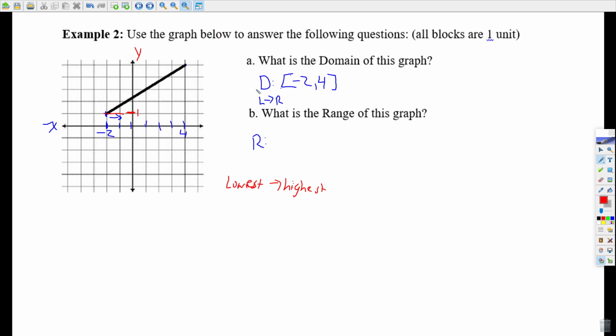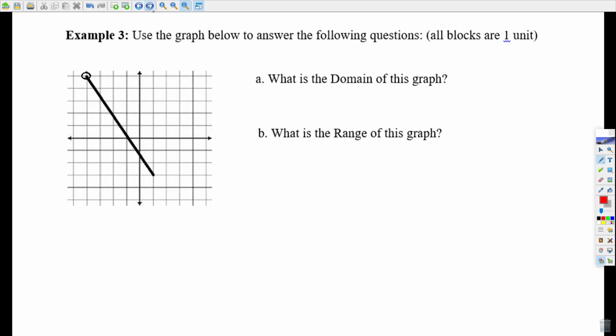Again, we don't have any open circles this time, so it's all brackets. So it's 1, then go as high as you can. 2, 3, 4. I have to stop at the very top because that's the part where it ends over here. 5, again, closed dot, bracket. That's the domain and the range of this graph.